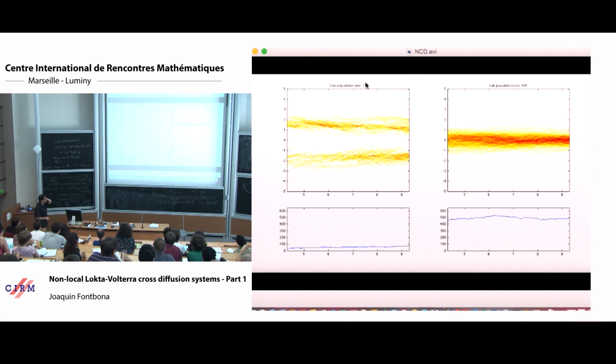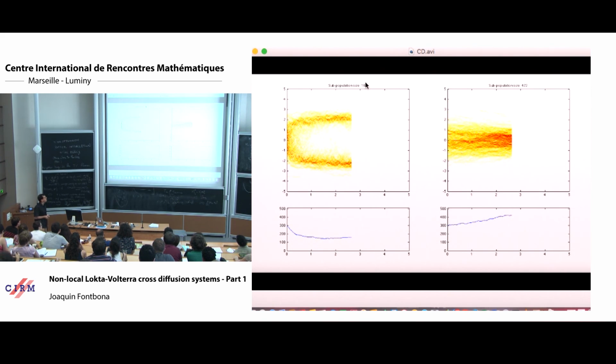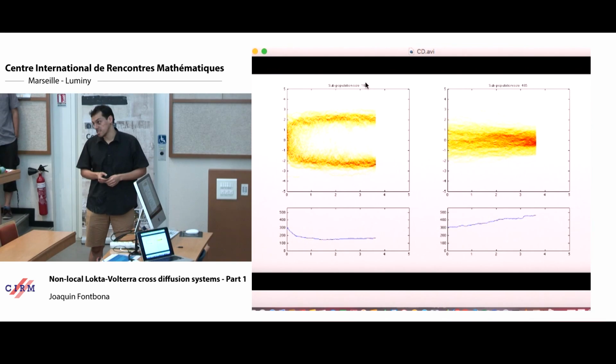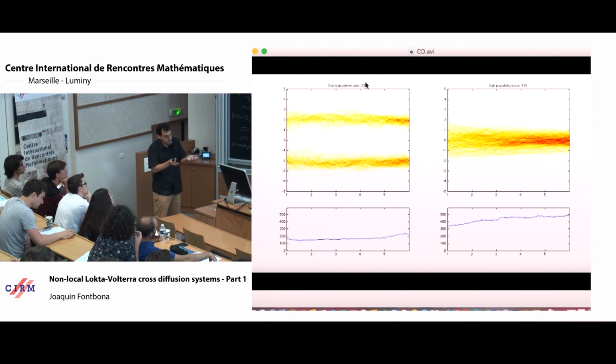So the question is, what happens if you help this weaker population a little bit by allowing it to disperse more when it's close to individuals of the other population? This is a cross-diffusion effect on the weaker population. What you observe is that it goes down, but not as much as before, and you start seeing some well-defined patterns where my weaker population is trying to get close to the well.